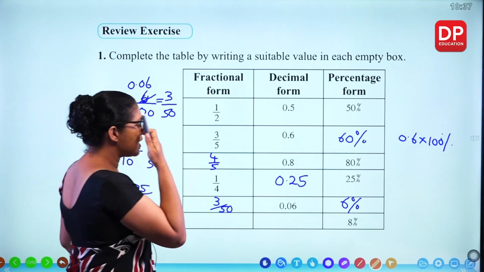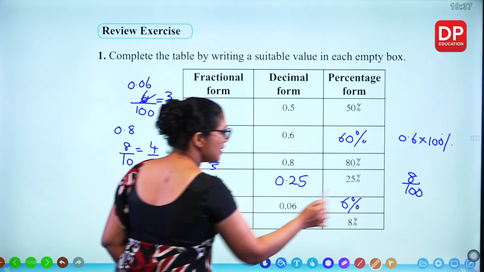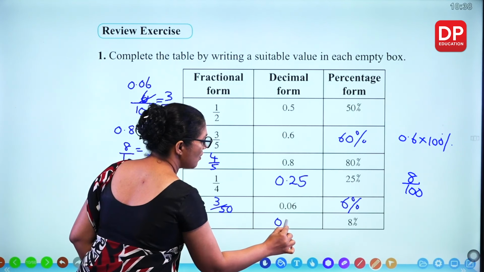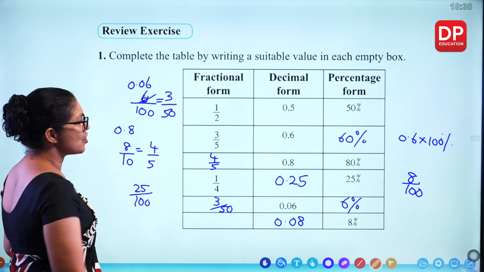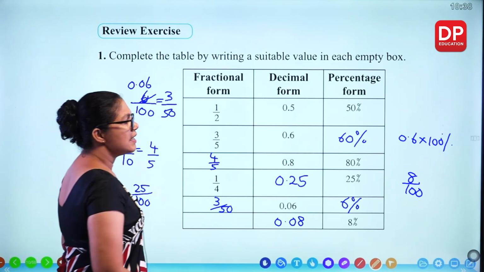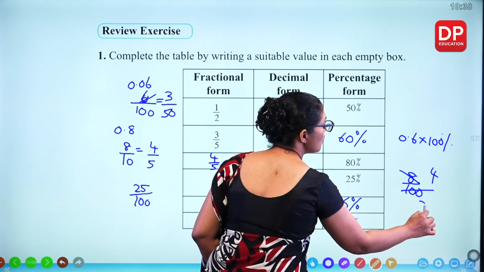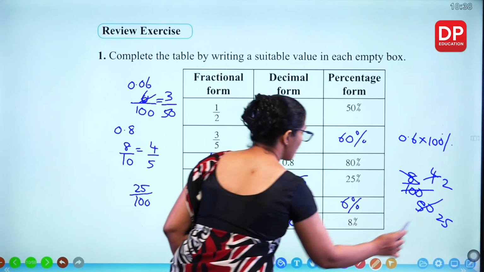How do you convert to a decimal? 8 divided by 100 means 0.08. Now write as a fraction, 8 over 100. Simplify further. Divide by 2, you get 4 over 50. Divide by 2 again, 2 over 25.